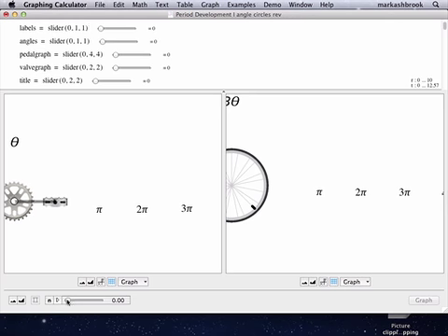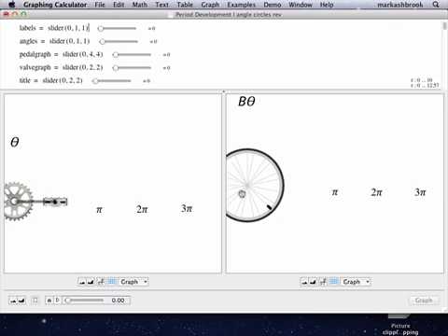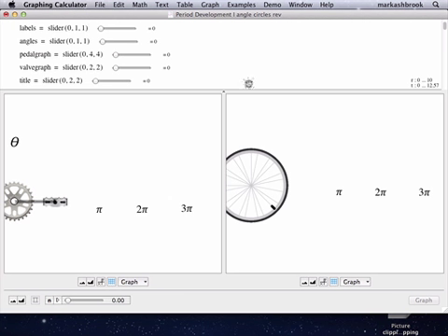Okay, so how can you describe the relationship? How would you, in words, describe the relationship between the tire valve angle and the pedal angle?